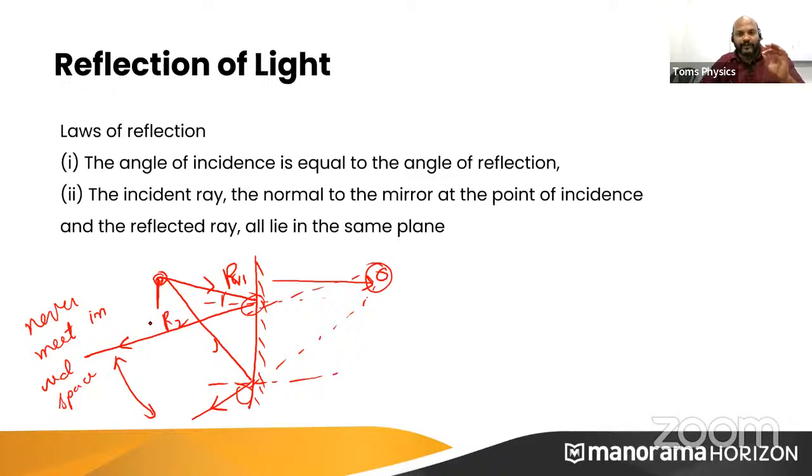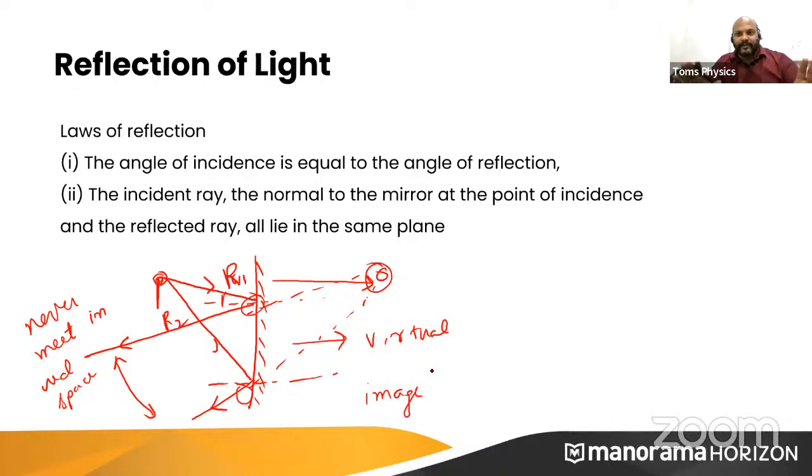Real or virtual? What will it be? Who will tell me? The rays will not meet after they reflect or after they refract. What kind of image will they form? They will form a virtual image. Very good, Dikshit. They will form a virtual image.